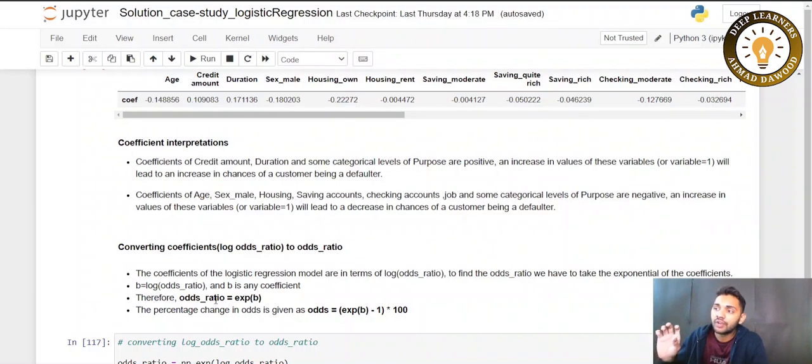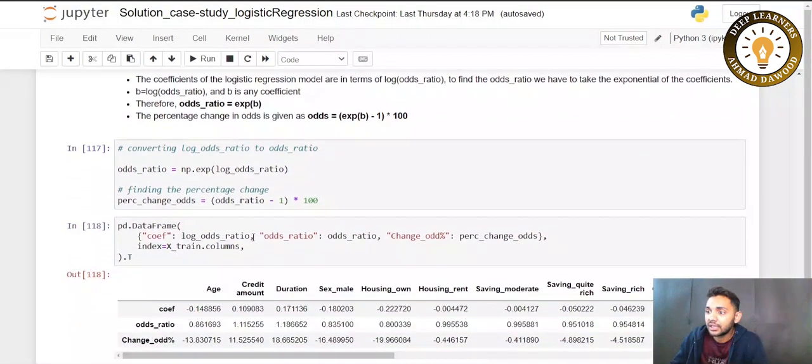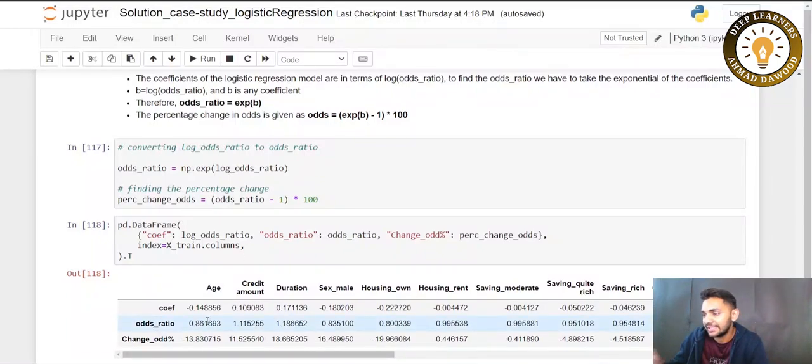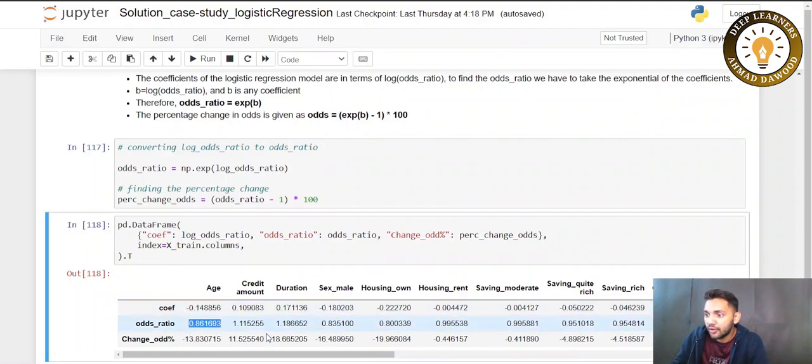The odds ratio of the odds when the customer is male to the odds when the customer is female is e raised to the power of minus 0.18. So here I will create another column, which is odds ratio, and all the values are e raised to the power of the coefficients.